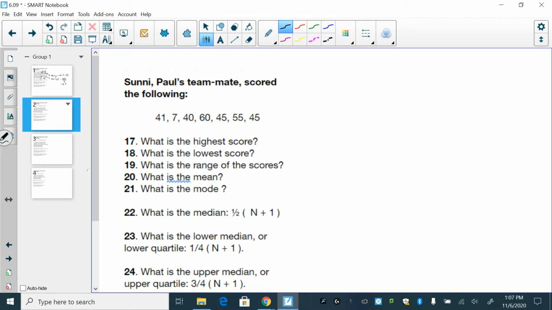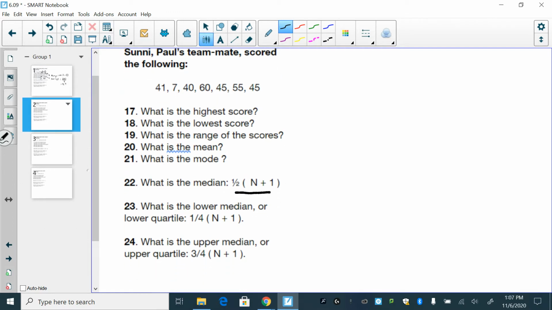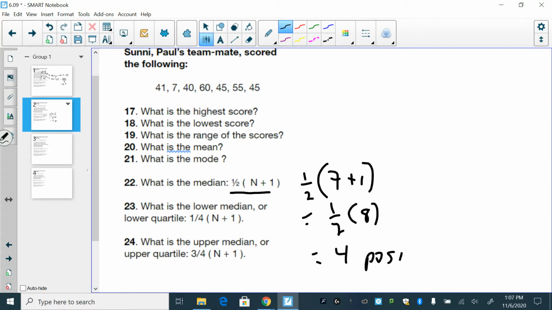Now, let's look at the median. So the median, remember, you've used this formula many times to find the position. You're going to do a half with the number of items, which was 7. There's 7 items, so we're going to do half of basically 8. So we're looking at the fourth position.